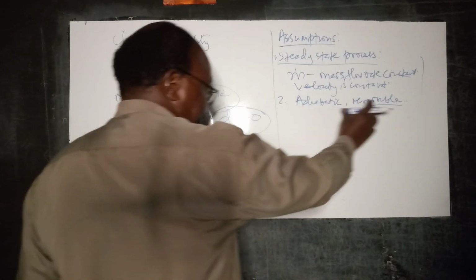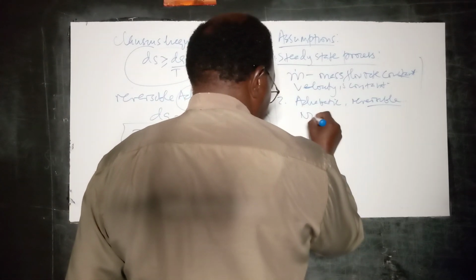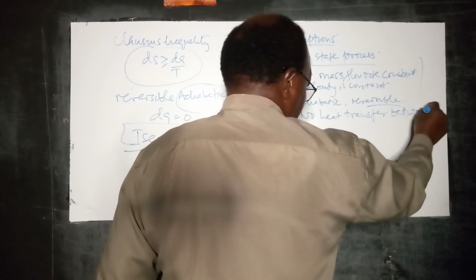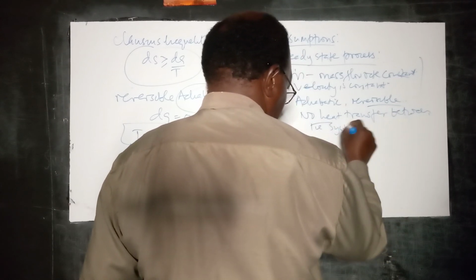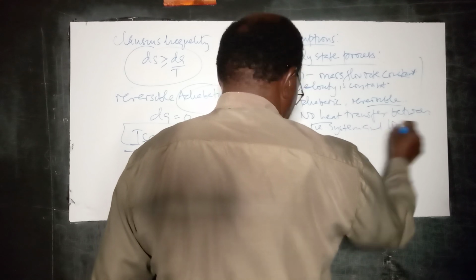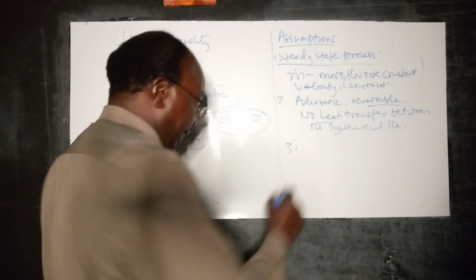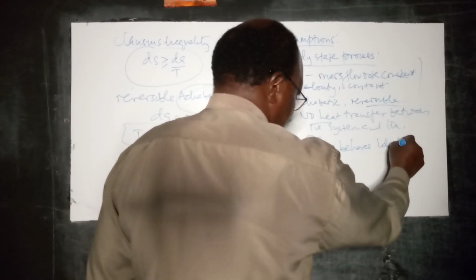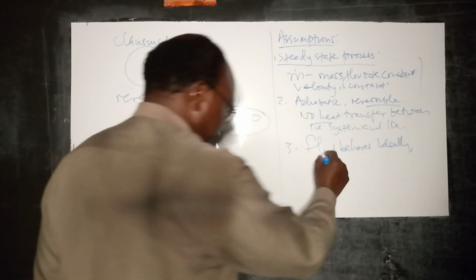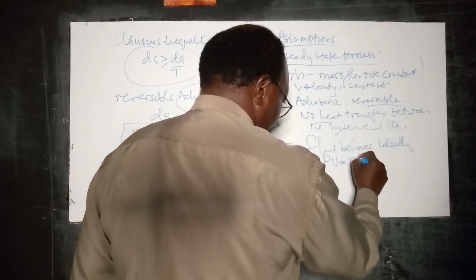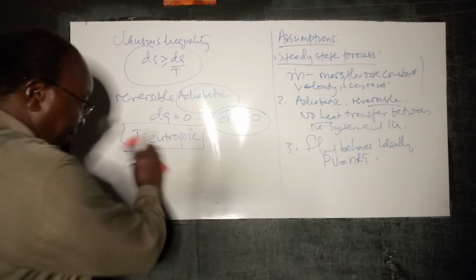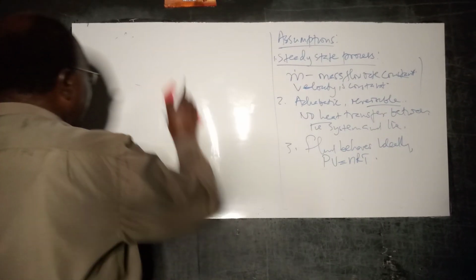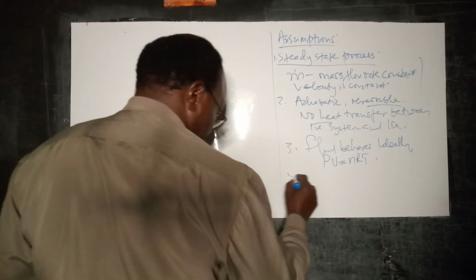So adiabatic and reversible means there's no heat transfer between the system and the surroundings. We are assuming that the fluid behaves ideally. In other words, it obeys the characteristic equation PV equals nRT. You can also call it the equation of state. That's important for us. We are assuming that friction is minimal, if not zero, so we can assume frictionless.